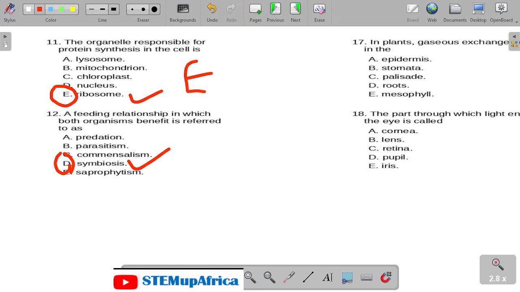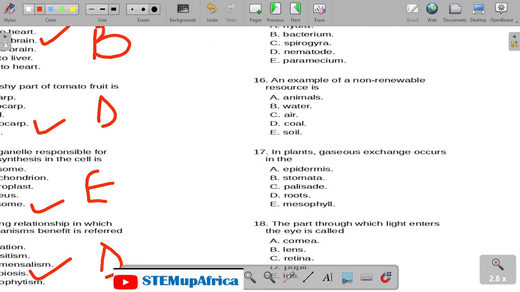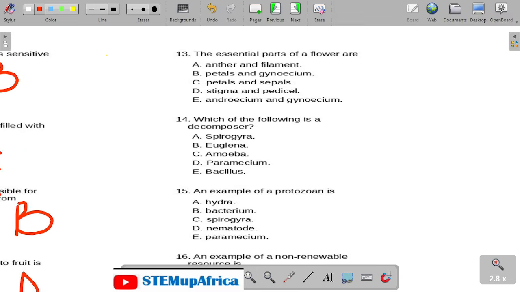So when both benefit, we call that symbiosis. Where each species benefits the other, like bird and buffaloes. When a bird removes ticks from the head of a buffalo or the ear of a buffalo, we call that symbiosis. This is option D.